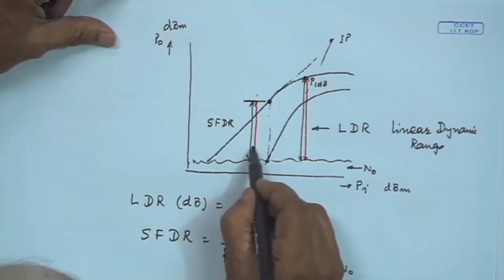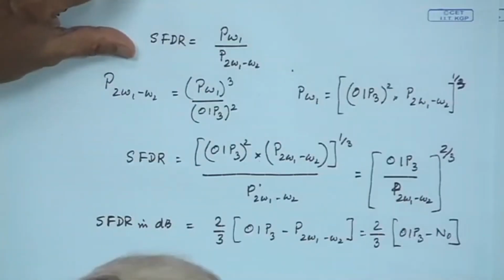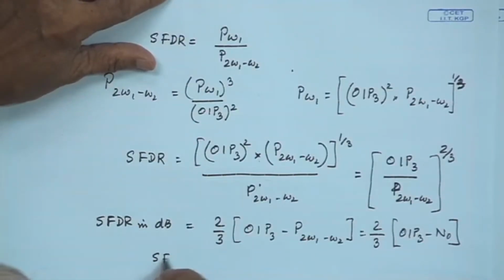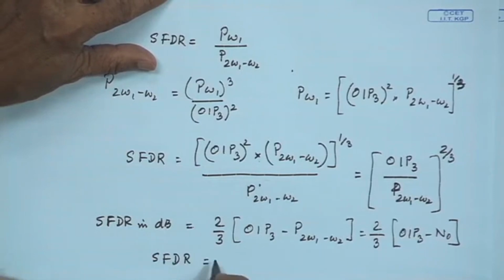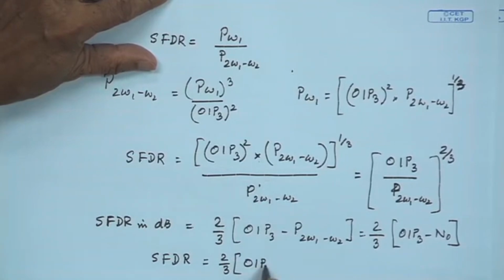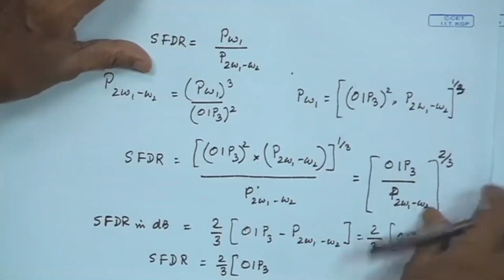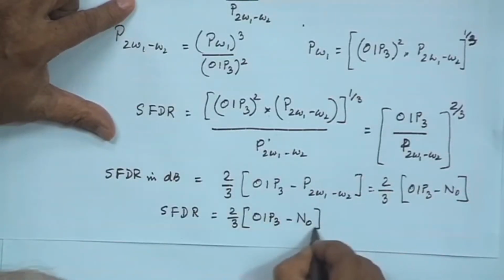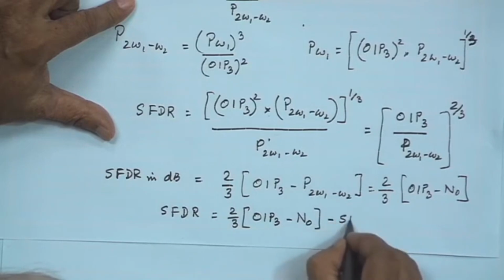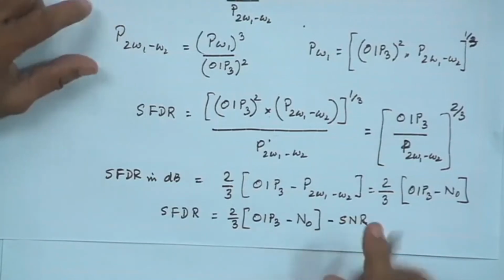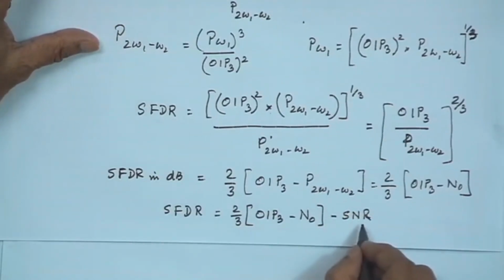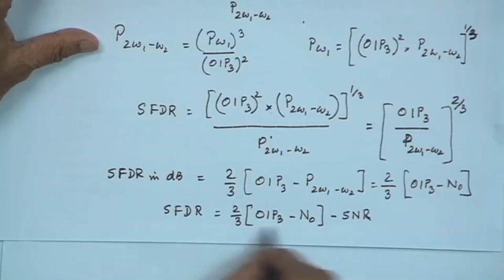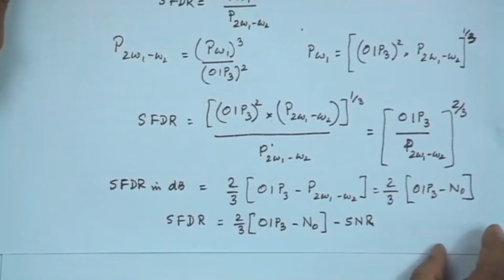So, the dynamic range should have been defined such that, when I consider the SNR, SFDR in dB will be 2/3 of OIP3 minus N0, minus the signal to noise ratio. That is the minimum signal to noise ratio with which it should operate. So, with that, this can be expressed in this form.